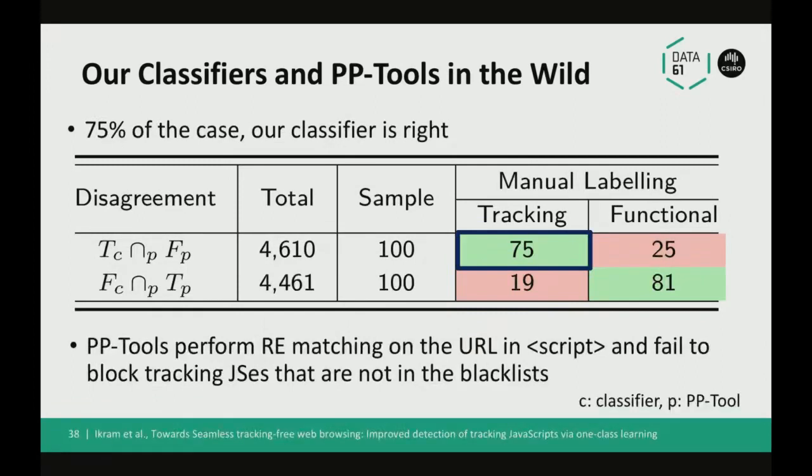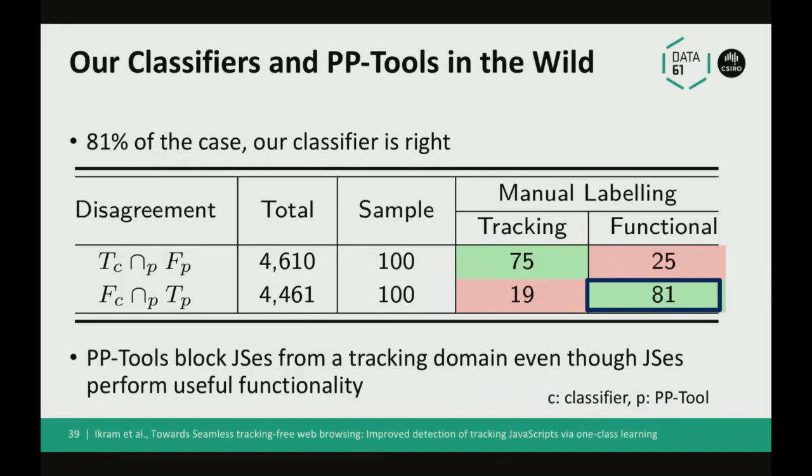The reason the privacy preserving tools disagree with our manual labeling and classifier is that they perform regular expressions on the URL in the script tag and fail to detect tracking JavaScript that is not in the blacklists. And for 81% of the cases, our classifier was right.